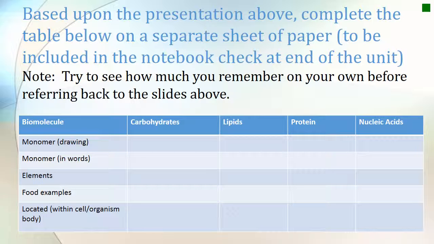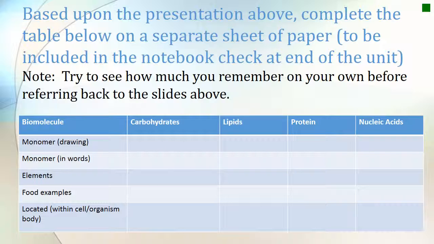Do not hesitate, regardless if you're working in class or you're working from home, as a tutorial to Google and to research some other examples. I highly encourage you to get other food examples, not only what we discussed in class and in the slides above, but I really would like you to research some others, and if you find something interesting, please share.